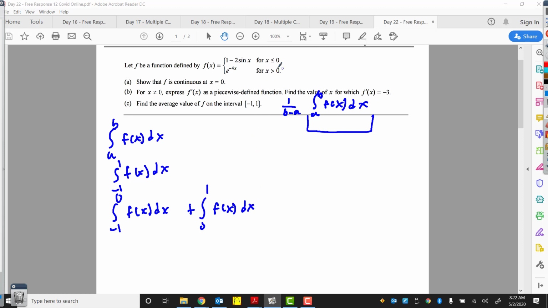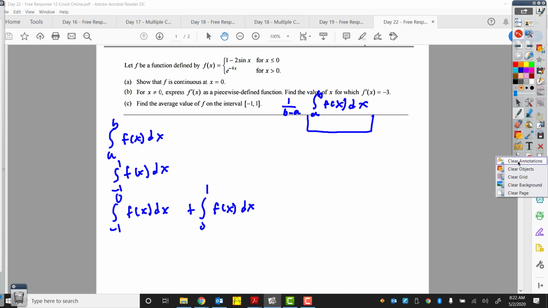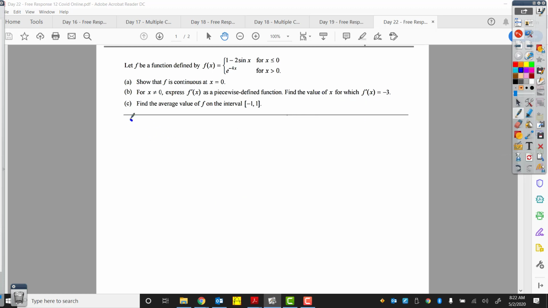This is all the ones that are greater than 0. So when we rewrite this, we can say we're doing the integral from negative 1 to 0 of 1 minus 2 sine x dx plus the integral from 0 to 1 of e to the negative 4x dx.